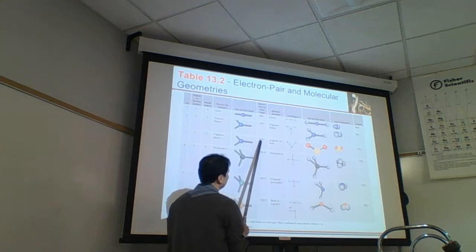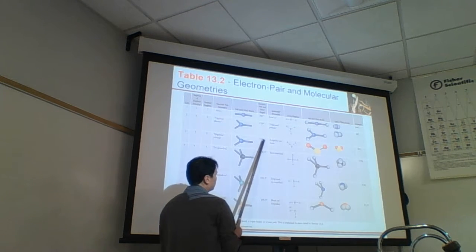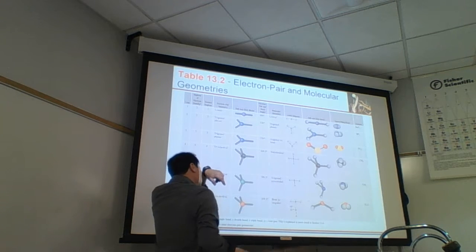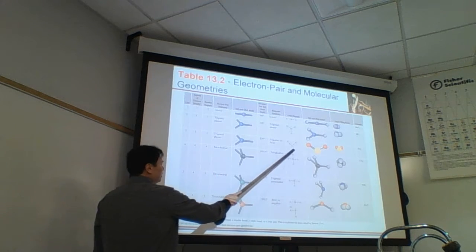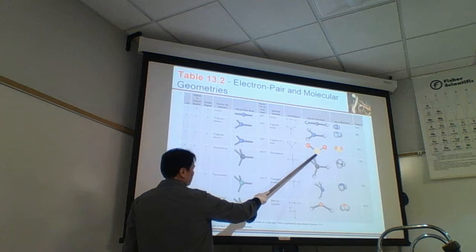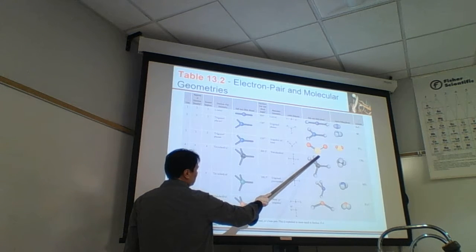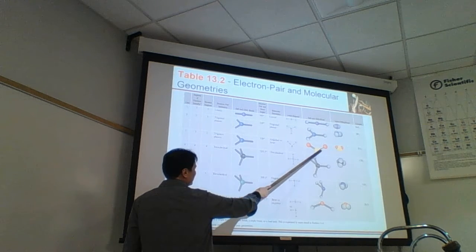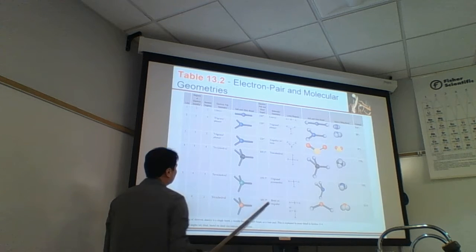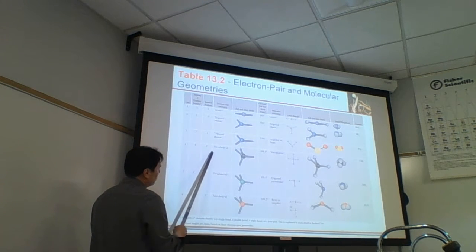This is angular, bent, of 120. The lone pair is here, but I'm going to draw it stuck on the bottom here. If you look at the atoms themselves, it's just kinked. It's bent.